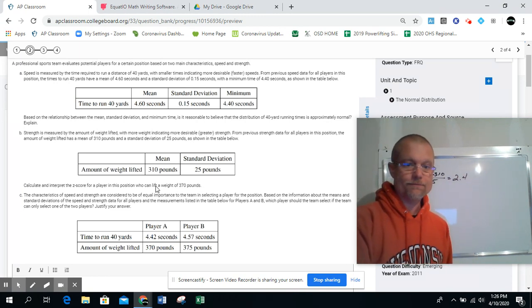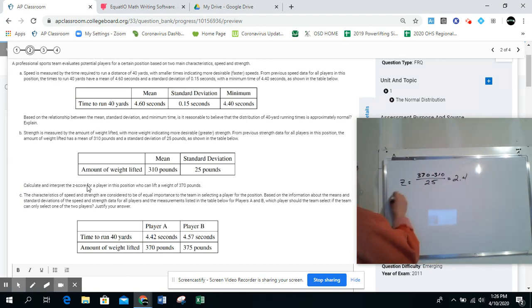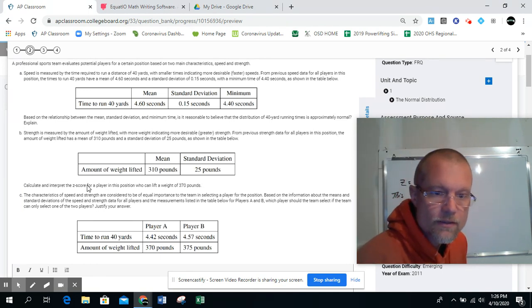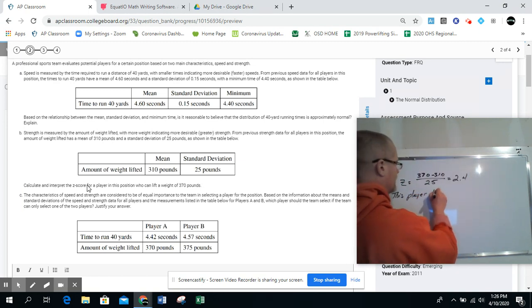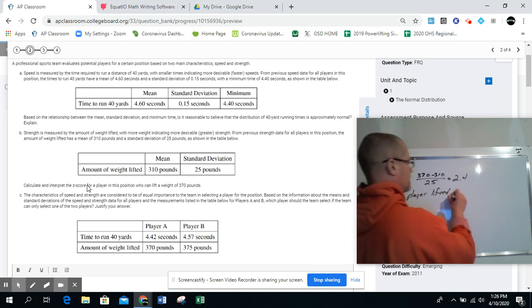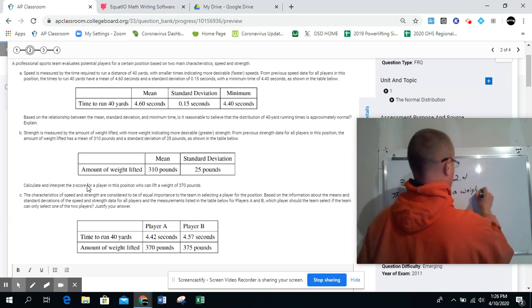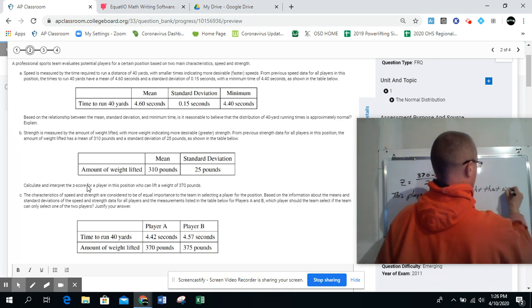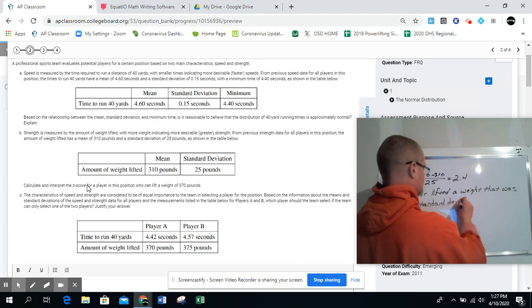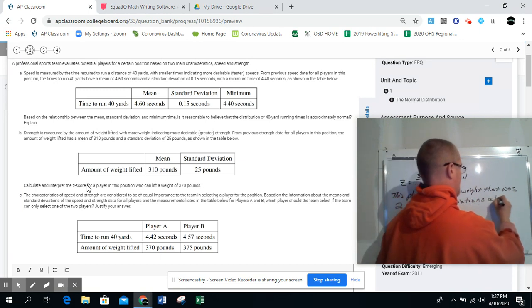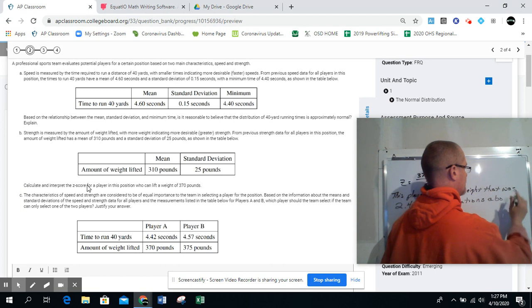When it says interpret the z-score, then we have to say that this player lifted a weight that was 2.4 standard deviations above the mean.